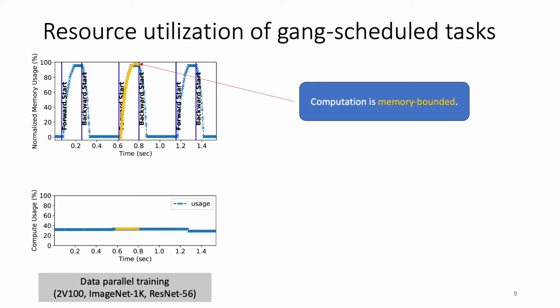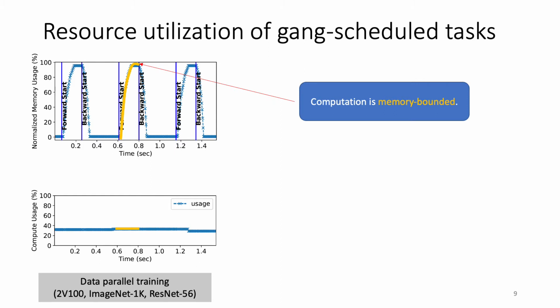Now let's just look at one training iteration, which consists of one forward propagation and one backward propagation. On the upper figure, denoted as the yellow line here, start from time 0.6 second. As the forward propagation starts, the corresponding memory usage starts increasing, and at the time of 0.8 second, it reaches the on-device memory upper bound.